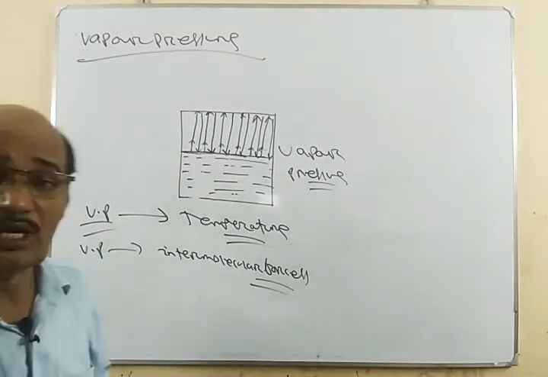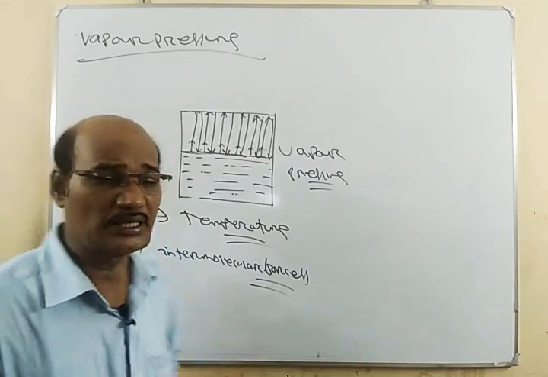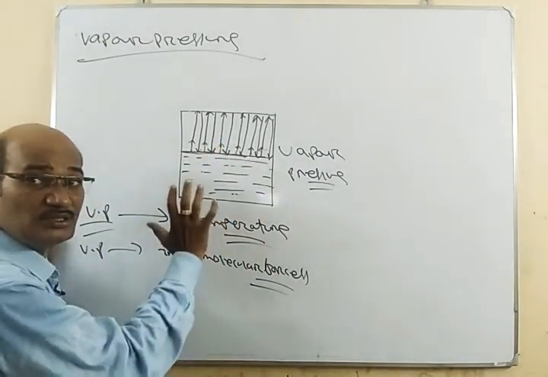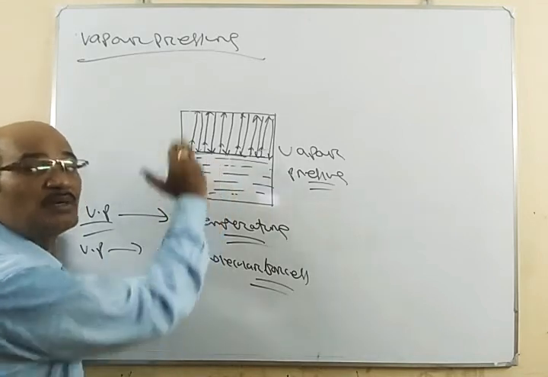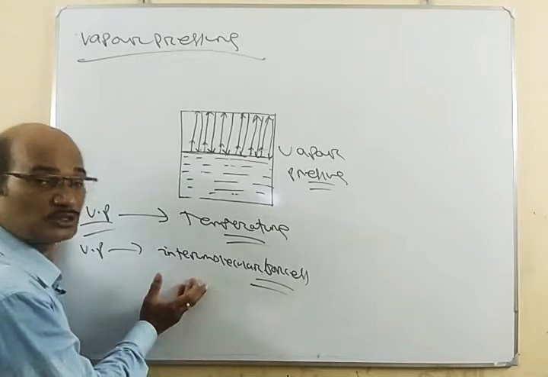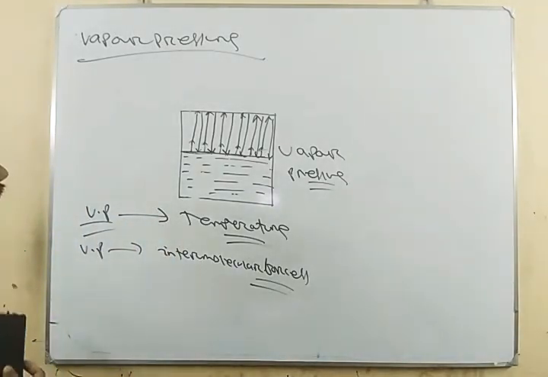If among the molecules the intermolecular force is more, then what happens? The vapor pressure will be less. That means fewer particles will evaporate. So vapor pressure will be less.